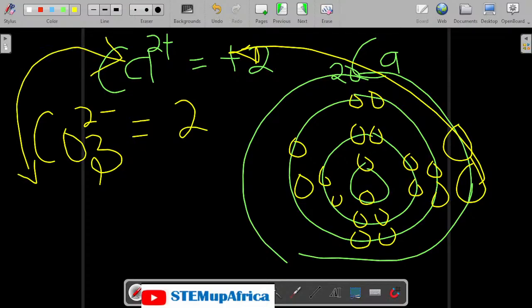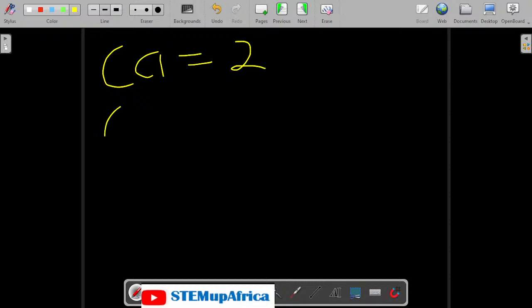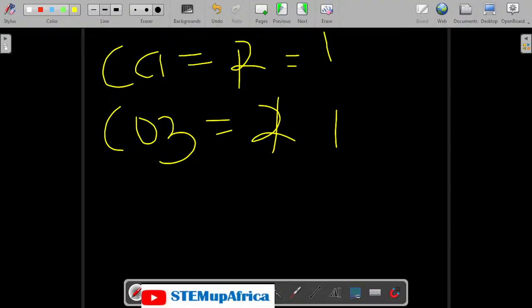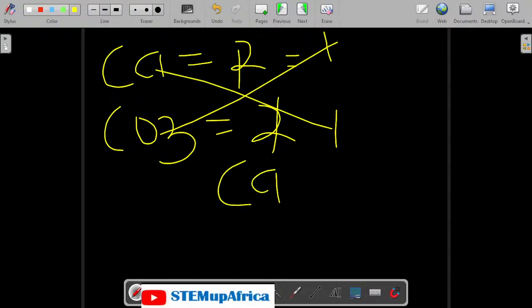Since both of them have 2 as a valence, calcium is 2, carbonate is 2, so they will cancel out to give us 1:1. So this is now the chemical formula of calcium trioxocarbonate(IV), CaCO3.